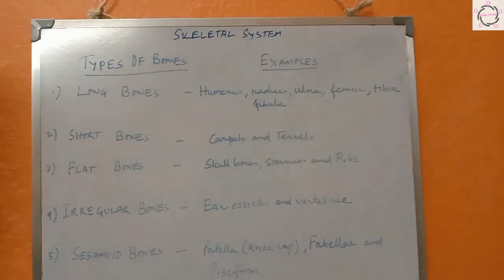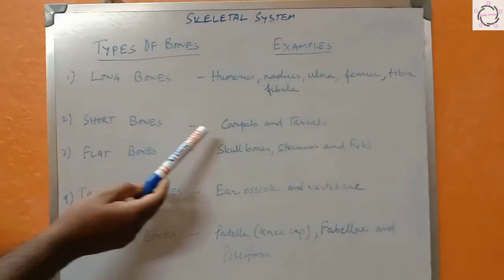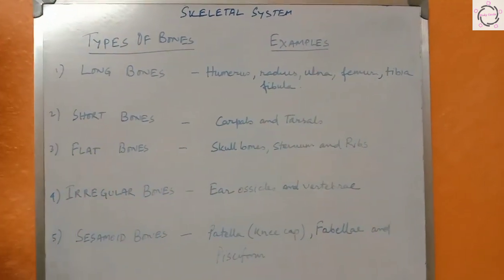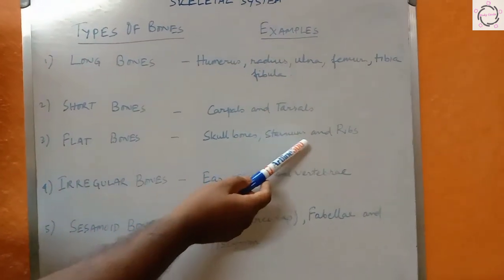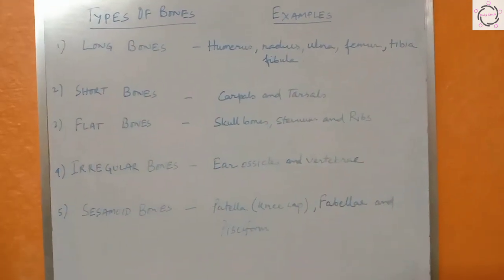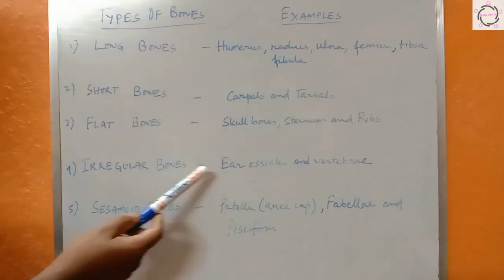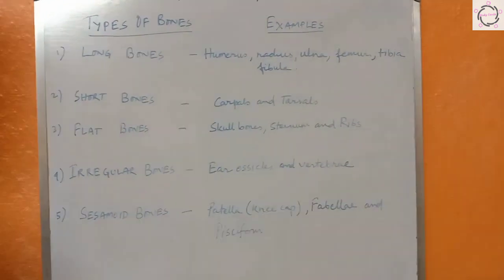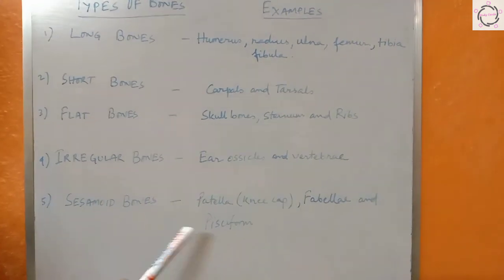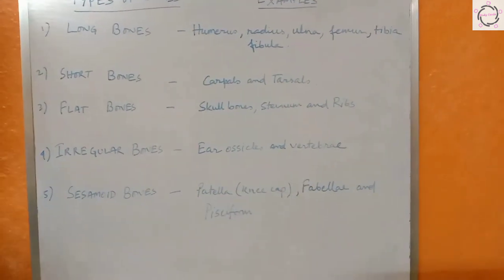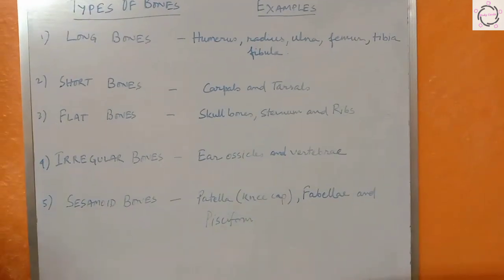Short bones are carpals and tarsals. Flat bones are skull bones, sternum and ribs. Then irregular bones are ear ossicles and vertebrae, and finally sesamoid bones, that is the patella, present in the kneecap, fibula and pisiform.